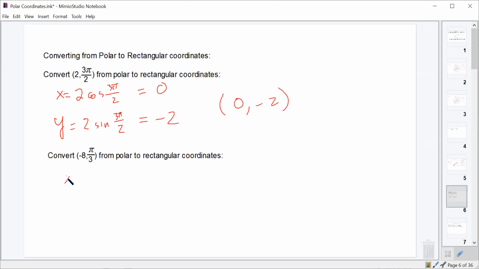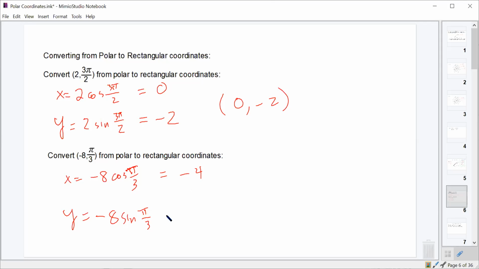X should be -8 cosine pi over 3. And y ought to be -8 sine of pi over 3. Yeah? What's the cosine of pi over 3? 1/2. So -8 times a half gives us -4.